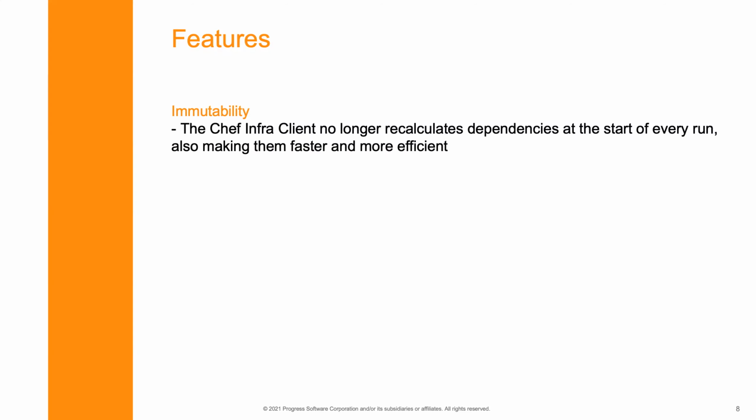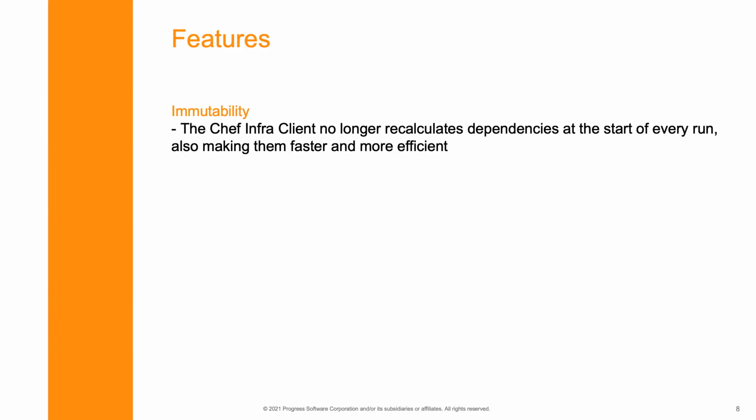All the dependencies, all the criteria, all the requirements that you mention within your policy file, be it for the cookbooks, be it for the run list, are converted into a lock.json file, which is immutable, and it's not going to change irrespective of any other external changes affecting either the cookbooks or the other recipes or any other dependencies mentioned within the cookbooks.